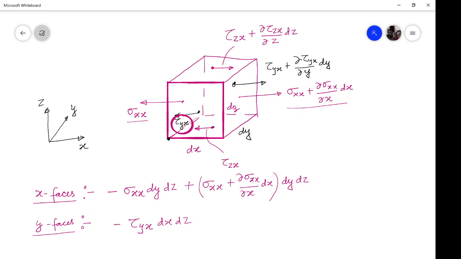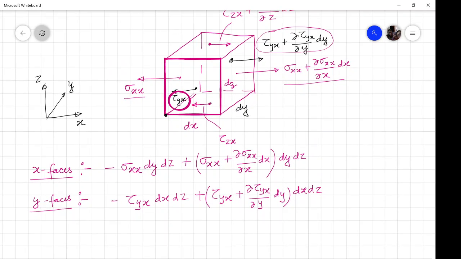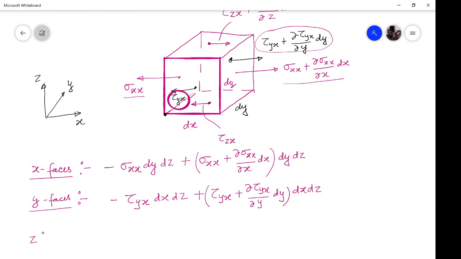Then this is plus tau yx plus del tau yx by del y dy times dx dz.